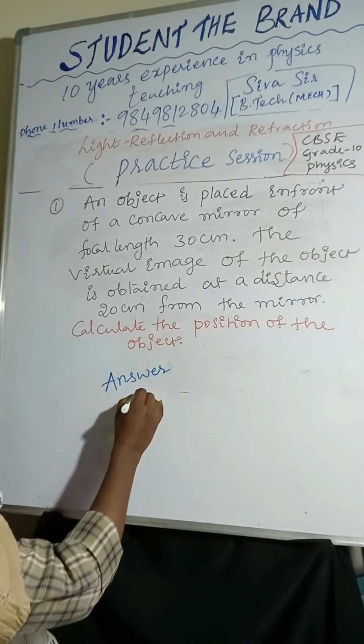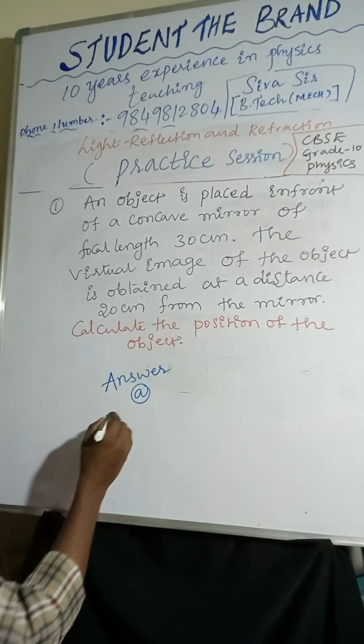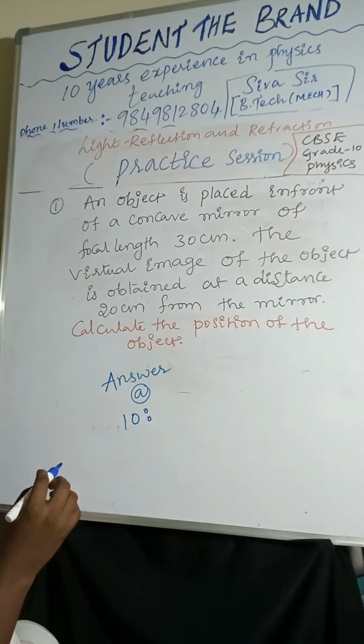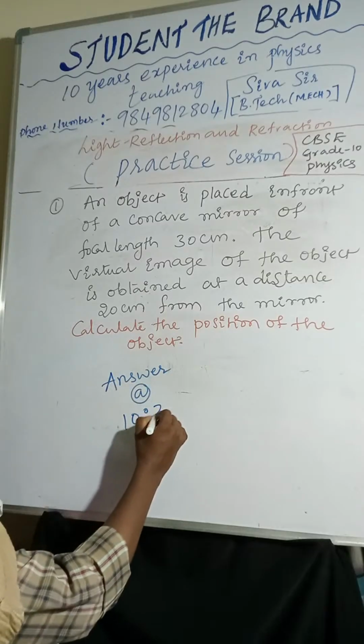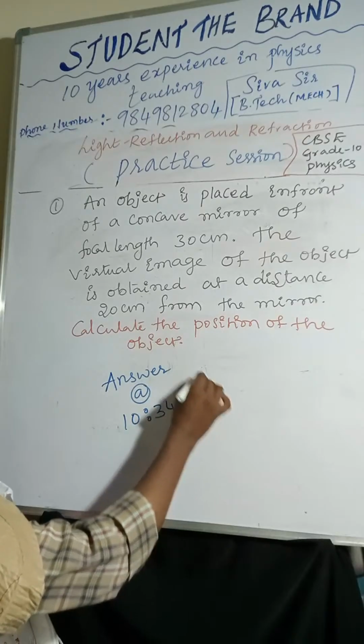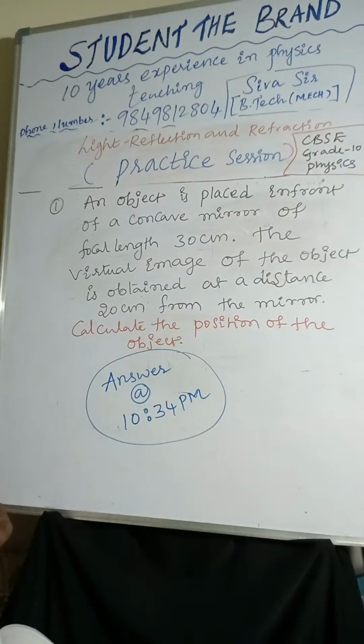Distances are positive along the incident ray. Distances are negative opposite to the incident ray. Distances are positive above the principal axis. Distances are negative below the principal axis.